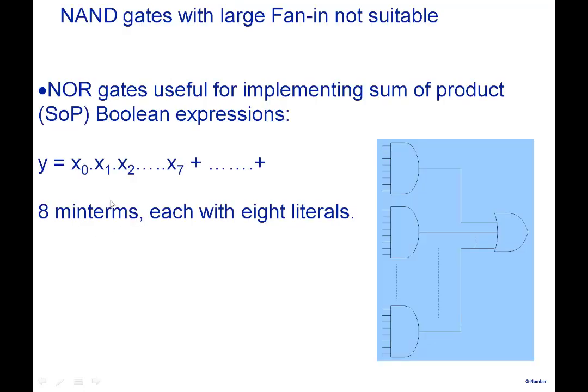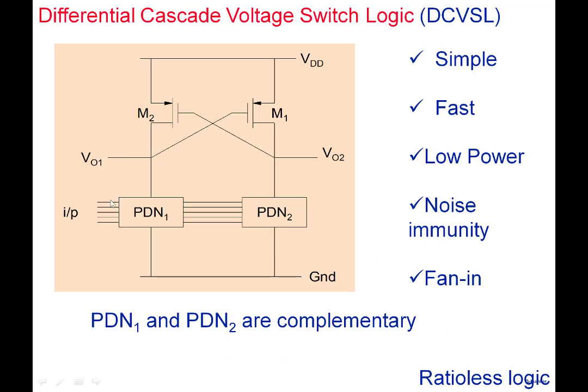All these NMOSs here. So what this particular logic is saying is the following. Every logic, remember, will have a pull down and a pull up. So in these cases, the pull up is one PMOS here, one PMOS here. Normally in the pseudo NMOS, I had a pull up and a pull down network. Now there's a pull up here, M2, and a pull down network here.